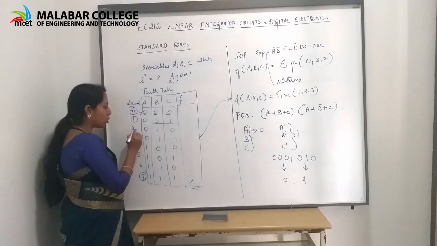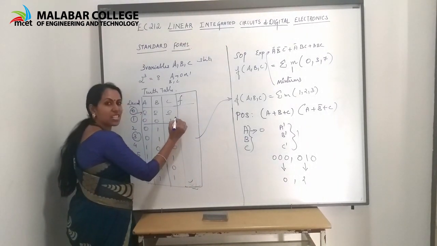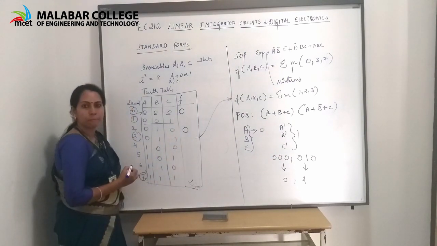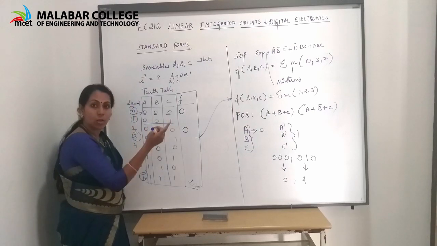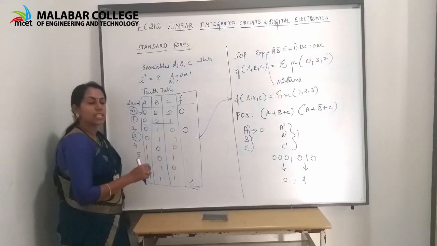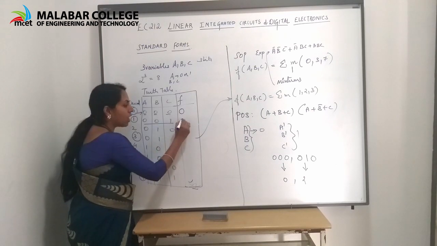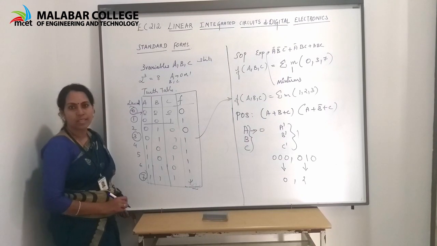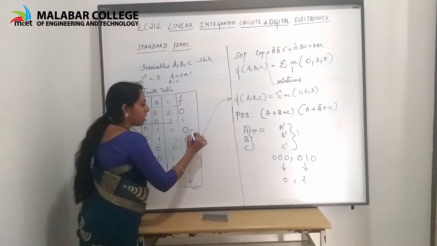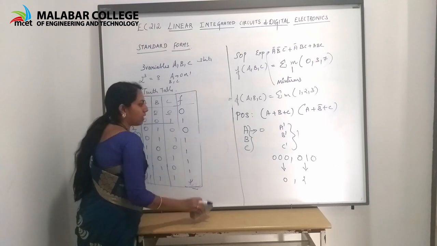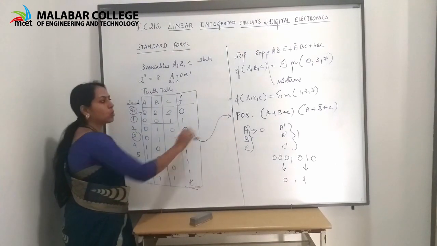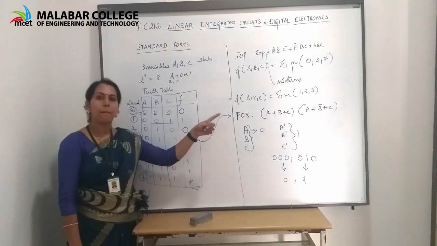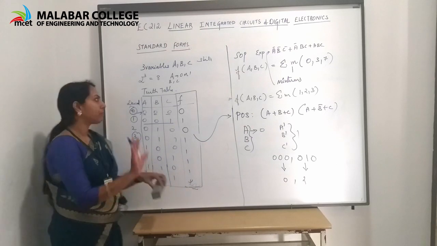For 0 and 2, the function's output will be 0 here. In the case of SOP, it was 1. In the case of POS, it will be 0. Remaining terms will be 1 in this case. So this truth table corresponds to the POS function A plus B plus C into A plus B bar plus C.